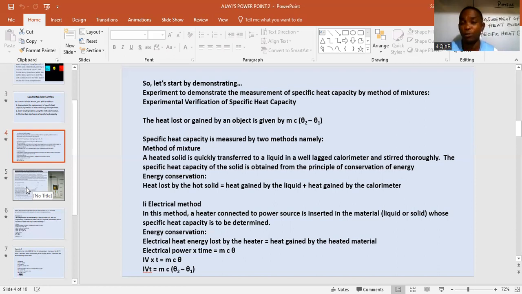So electrical energy can be further broken down to IVt equaling mc change in theta, I being the current, V being the potential difference, and t being the time taken. So you have the formula stated on the screen.